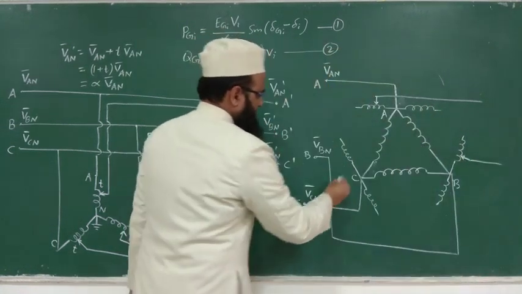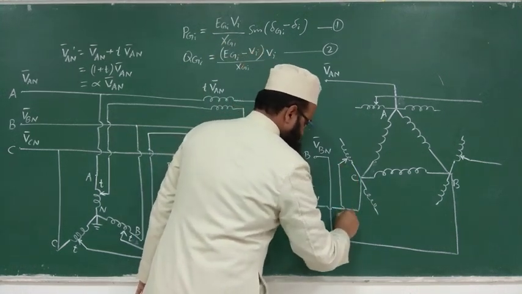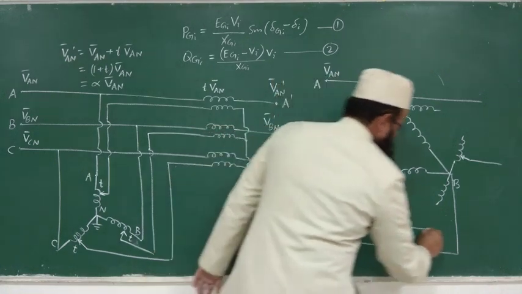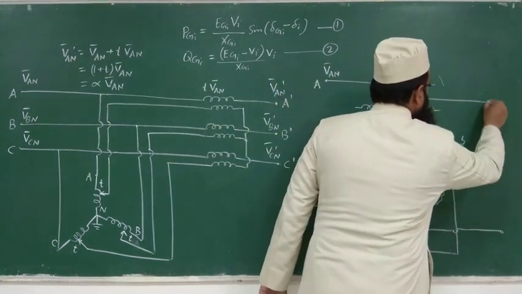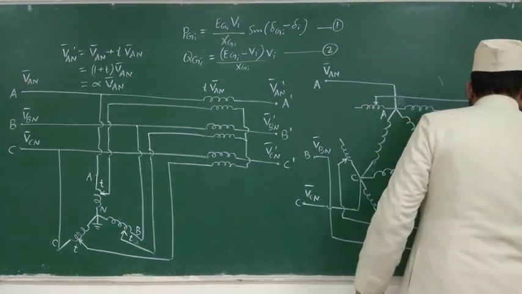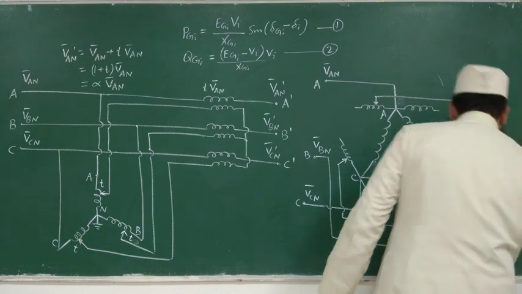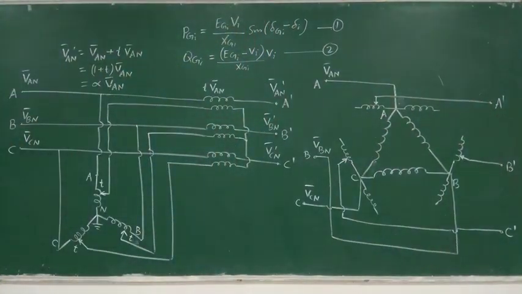And on the left side, take this one. Just draw it. So these are the corresponding points A dash, B dash, and C dash. Any confusions, you can ask.